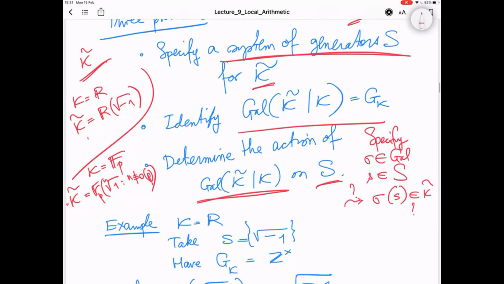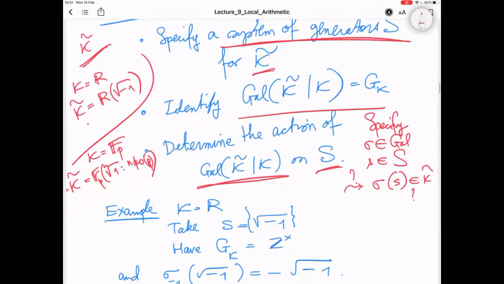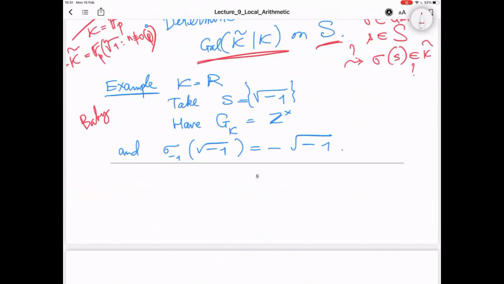Okay, so here's a very baby example, just to show that it can be done in this very particular case. From this point of view, R is a very simple field from the arithmetic point of view, because K tilde is obtained, as I just now said, by just adjoining a square root of -1.